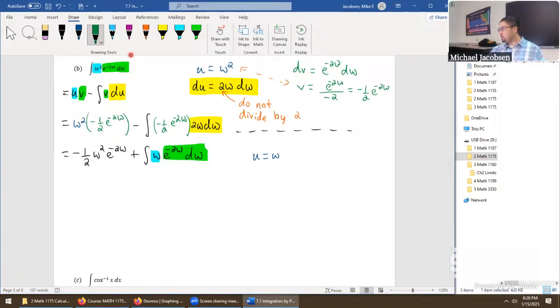Okay, well, the next step is to write dv is e negative 2w dw. But here's where we get to say, don't reinvent the wheel. We've solved this differential equation once. We're just going to grab the solution again. I'll grab it in this format since that's what we're plugging in. So v is just, once again, negative 1/2 e power negative 2w.